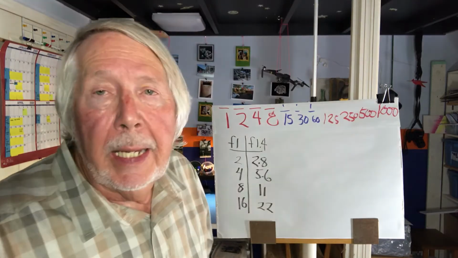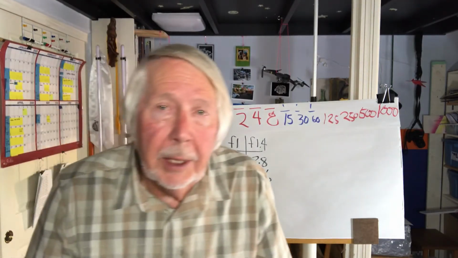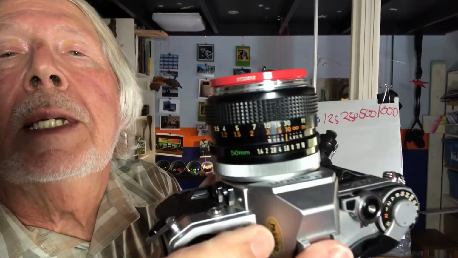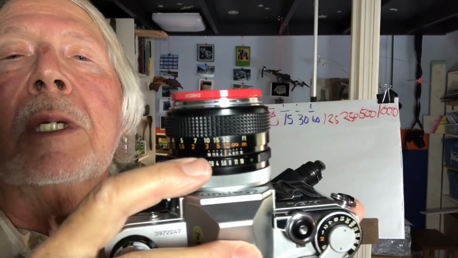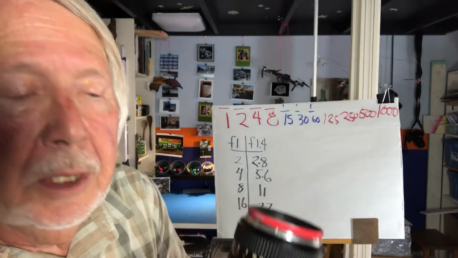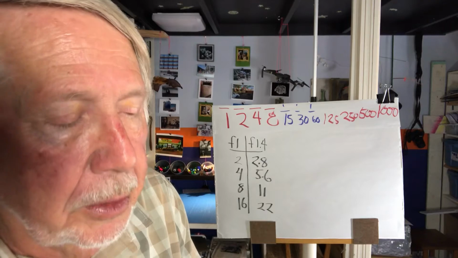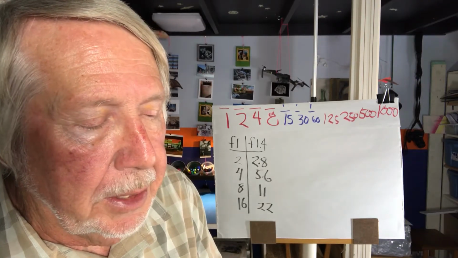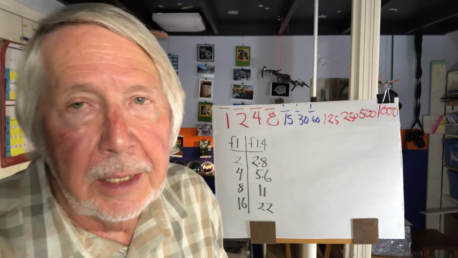Okay, and if I look on my trusty old Canon, down at the very base, right about here, may not be able to focus, I'm going to read them to you. It says 1.4, 2, 2.8, 4, 5.6, 8, 11, and 16.